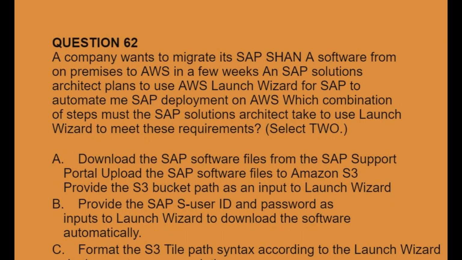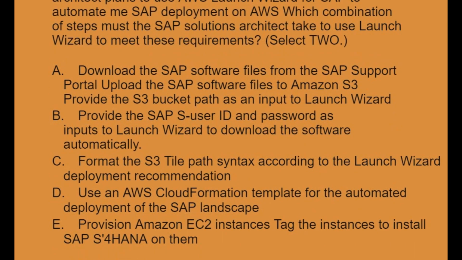Select two options. Option A, download the SAP software files from the SAP support portal. Upload the SAP software files to Amazon S3. Provide the S3 bucket path as an input to Launch Wizard. Option B, provide the SAP S-user ID and password as inputs to Launch Wizard to download the software automatically.